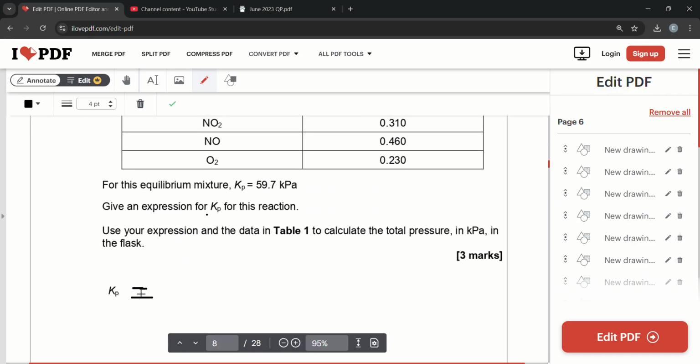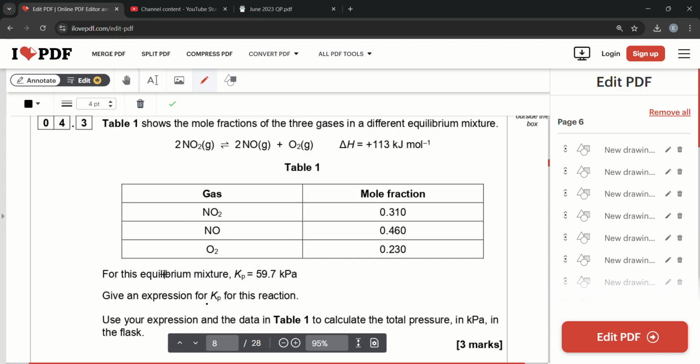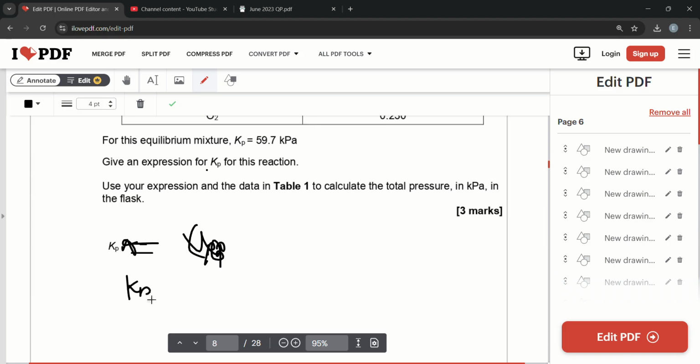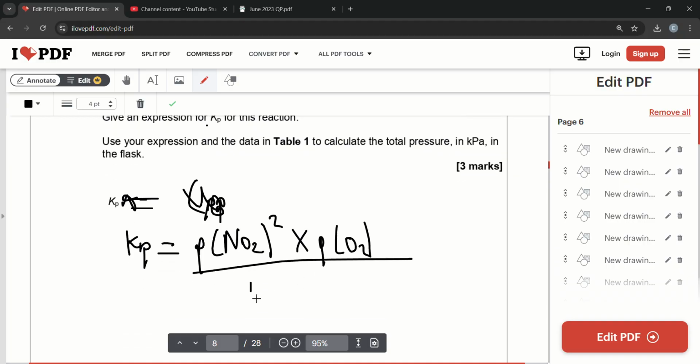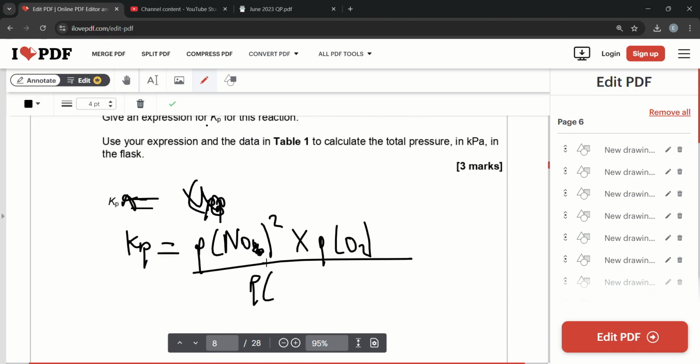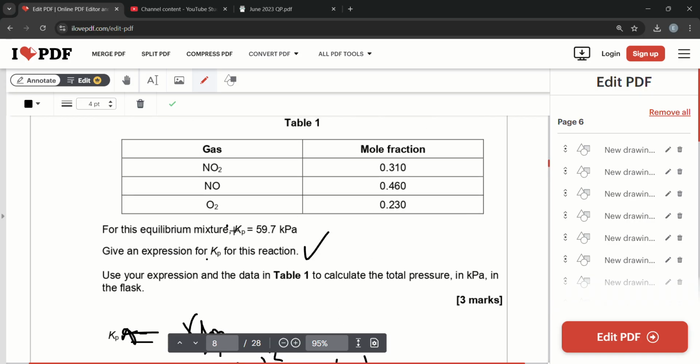Well, it's going to be products over reactants. Kp is equal to P of NO squared times P of O2 over P of NO2 squared. So we've done that.